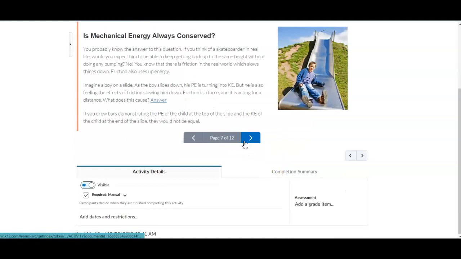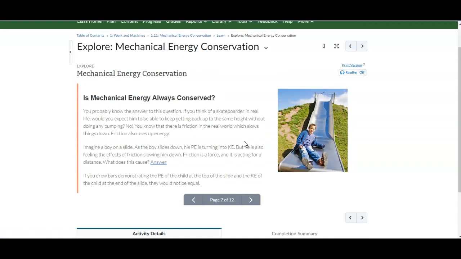All right, so moving on from there, is mechanical energy always conserved? This is where you'll find the answer for guiding question 3. You probably know the answer to this question. If you think of the skateboarder in a real life situation, would you expect him to be able to keep getting back up to the same height without doing any pumping?